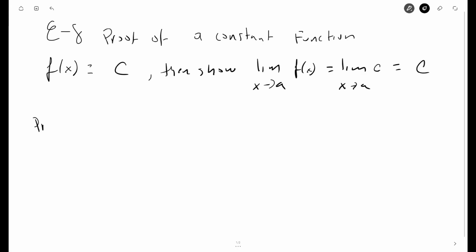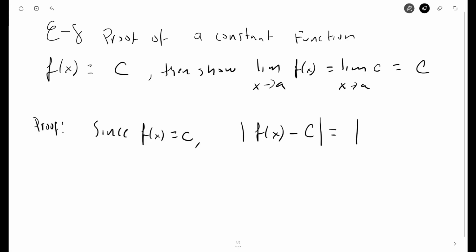Okay, so the proof. Since f of x is equal to c, the absolute value of f of x minus c is equal to c minus c, which is 0.